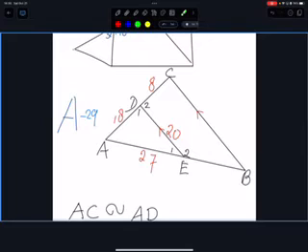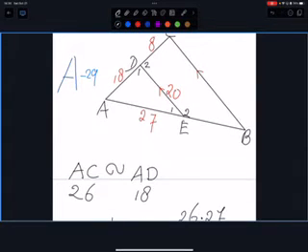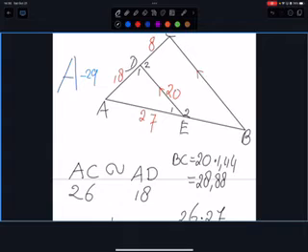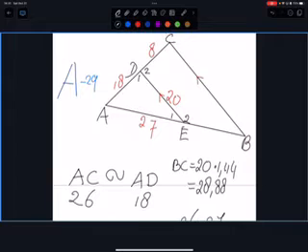So the length of BC is 29. To round off to a whole number, it's 29. Yes? Another one.